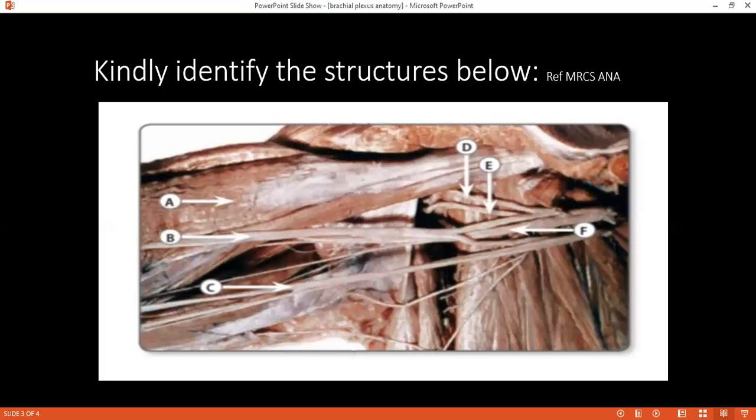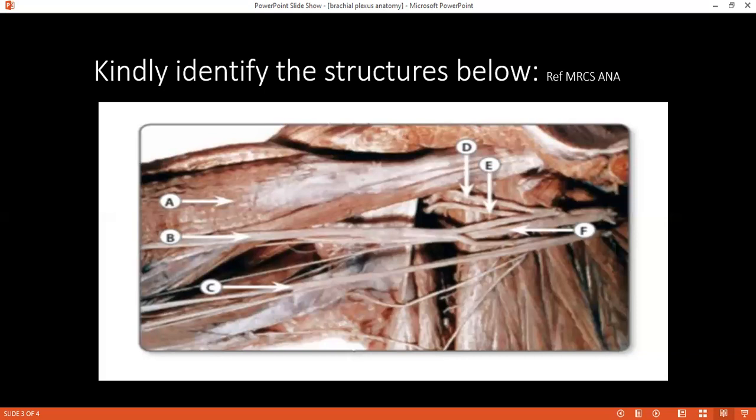If you are given a pen and a human body, a patient, a prosection or something, and you are asked to draw on it, how would you do it? The roots would be behind the scalene anterior muscle.